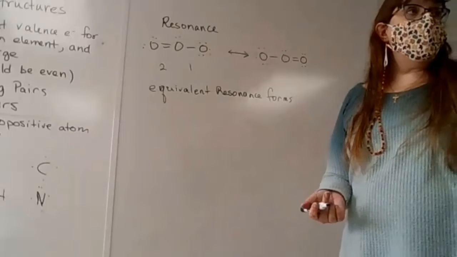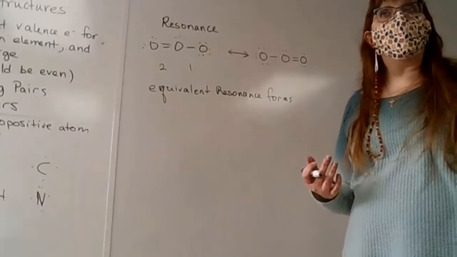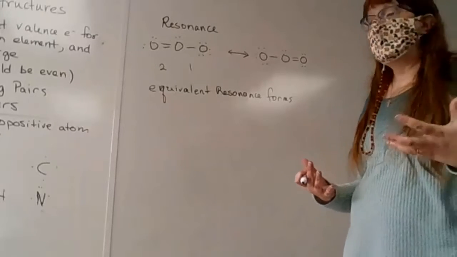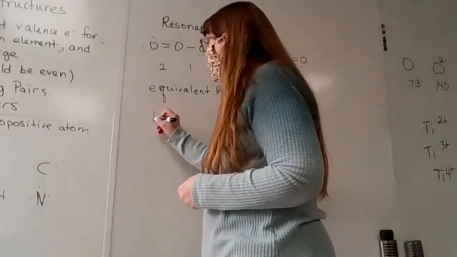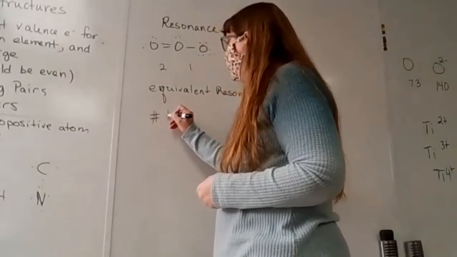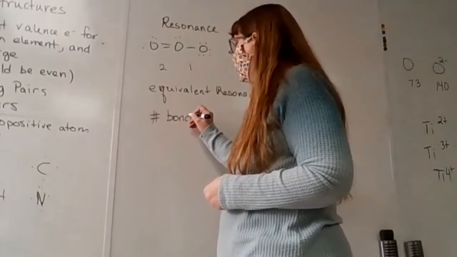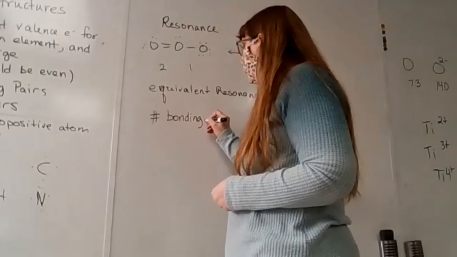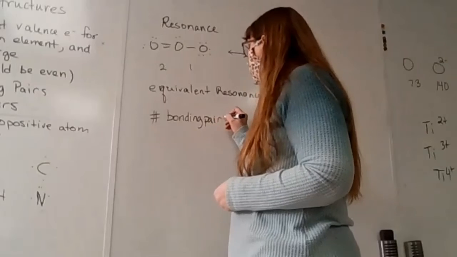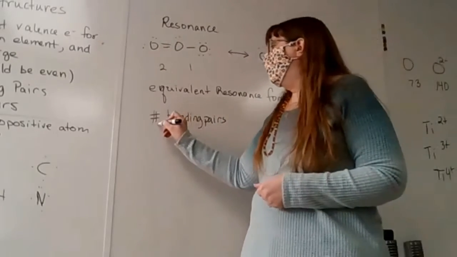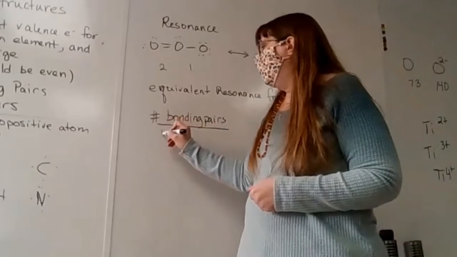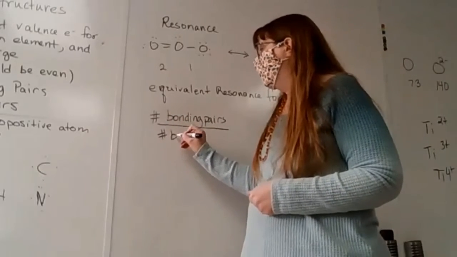We can figure out the observed bond order by finding a weighted average. We take the number of bonding pairs, represented by each of these lines, and divide by the number of bonds.